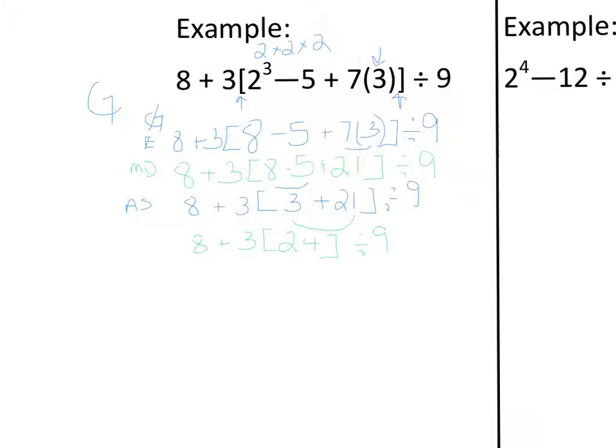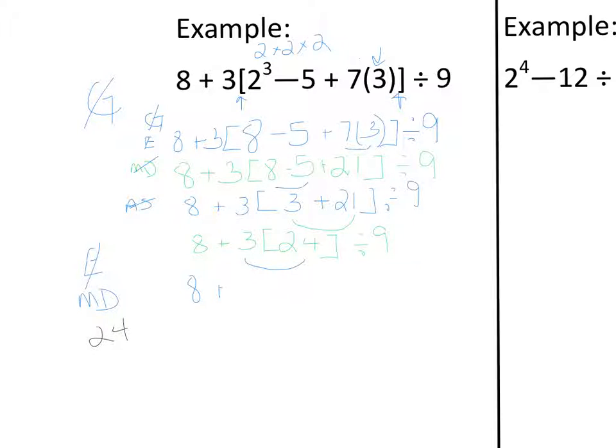Now we can go back to the outside because we've done our order of operations inside the grouping symbols. Now we come to the outside. So we've done the grouping symbols. Now we have exponents. Nope, no exponents. So that then takes us to multiplication and division. And in this case, we have both multiplication and division. First comes the multiplication. So we have 3 times 24.